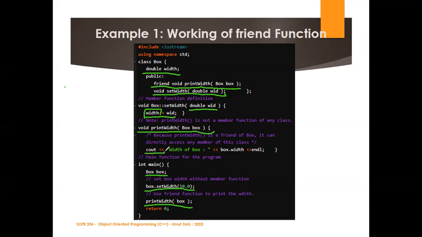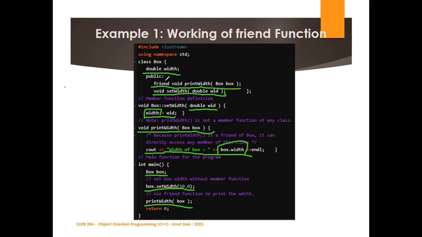It is just printing the width of the box by directly reaching it. By using the box object, we can directly reach the width value inside it.